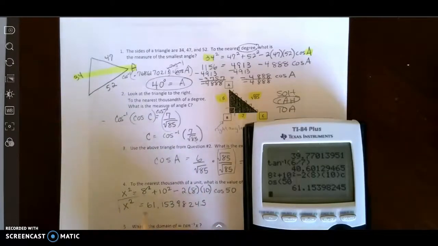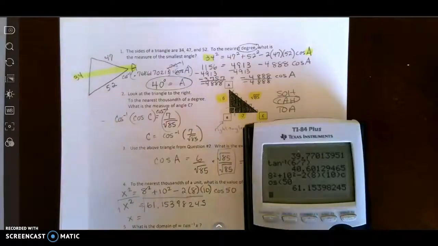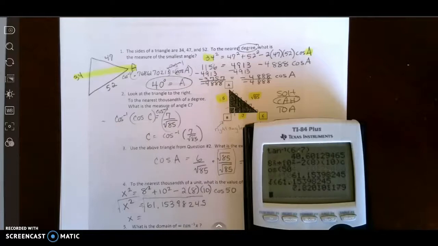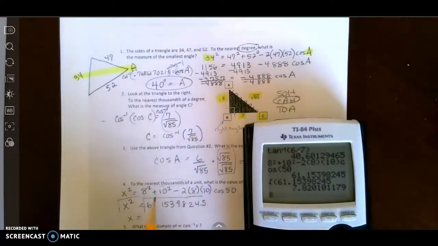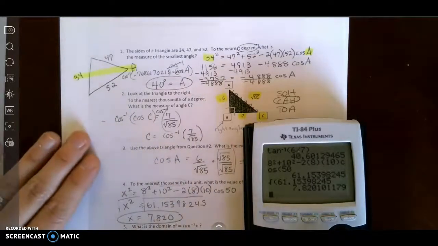And I take the square root of both sides. Don't need plus or minus because it's the side of a triangle. So the square root of 61.15398245. And it says to the nearest thousandth of a unit, so 3 decimal places, 7.820 will be the length of that side.